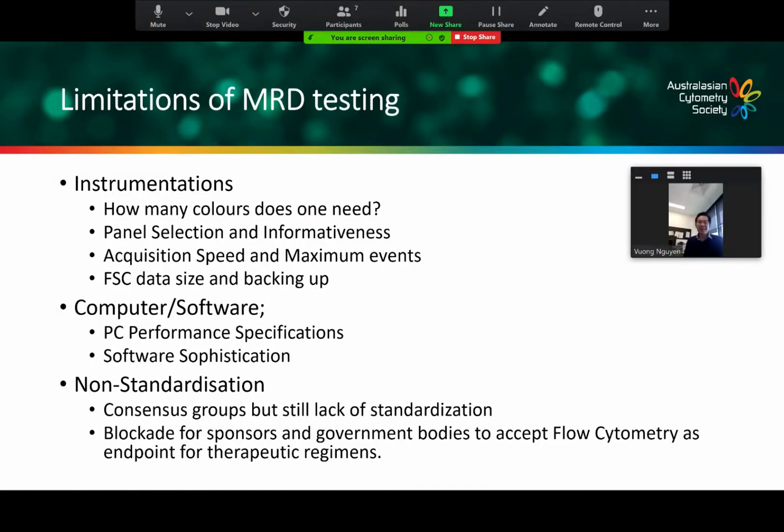I think what we've seen so far in the previous topics is that it's generally advisable to have at least 6 colors in your assay. And one needs to be aware that with the introduction of more colors, one needs to assess how effective these detectors are, as well as whether there's fluorochrome available in these new detector channels, such that in combination, these two don't reduce or compromise the signal-to-noise ratio.